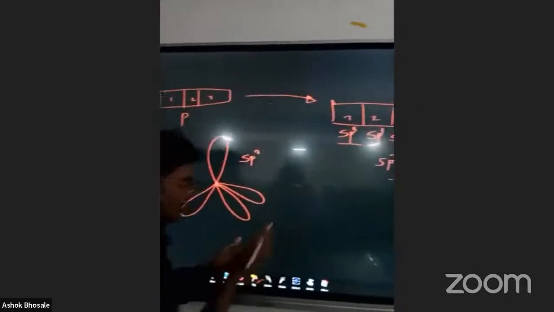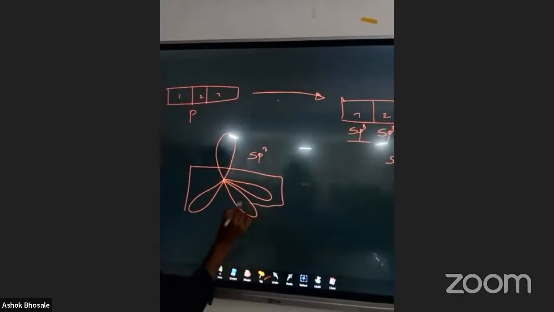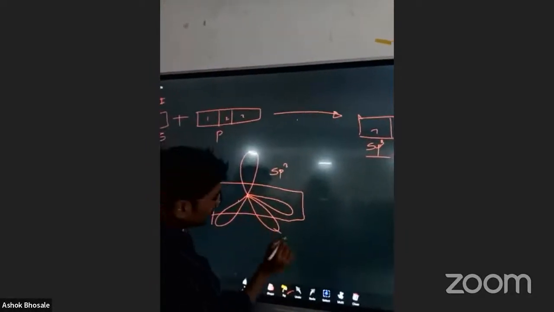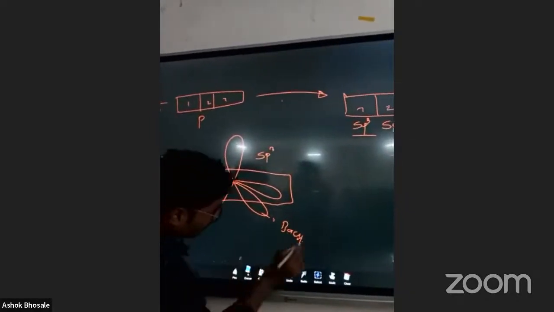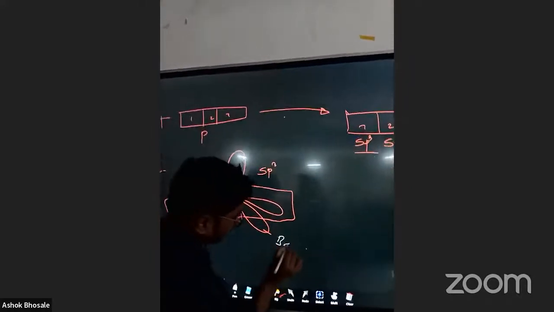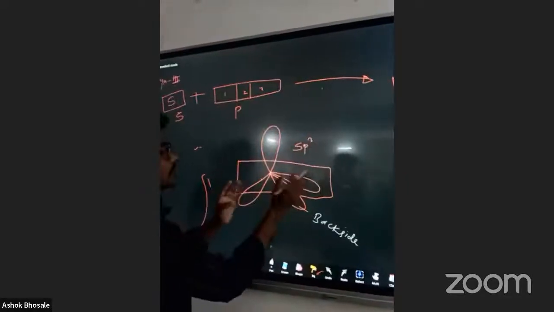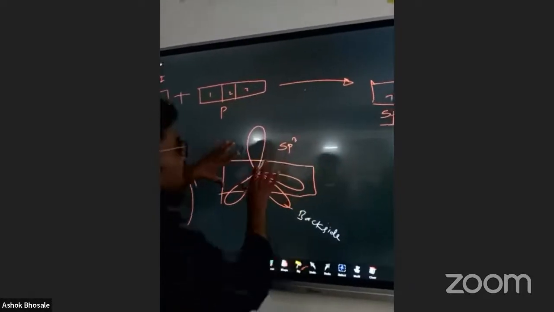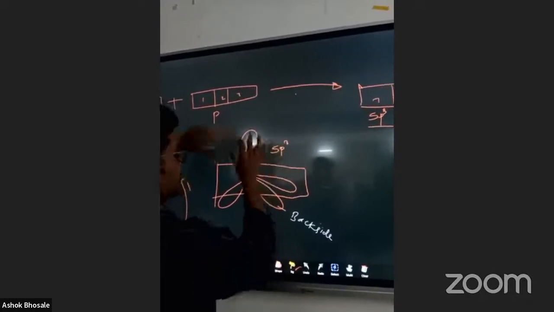Suppose we have one plane. This orbital is above the plane. This orbital is backside, and these two orbitals are front orbitals. This is the geometry and orientation of the sp3 hybridized orbital.